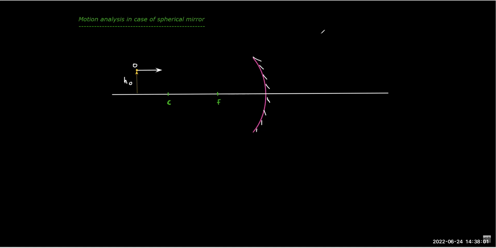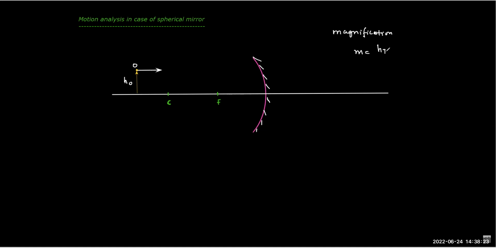So we need to go back to the definition of magnification. So let's talk about the magnification again. If you remember the magnification definition, which is pretty much straightforward, it's the size of the image upon the size of the object.